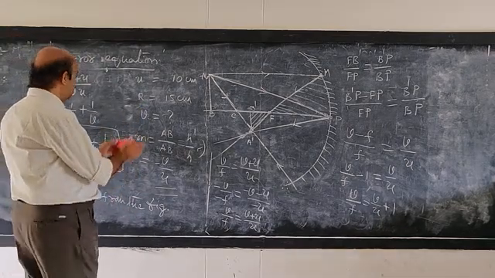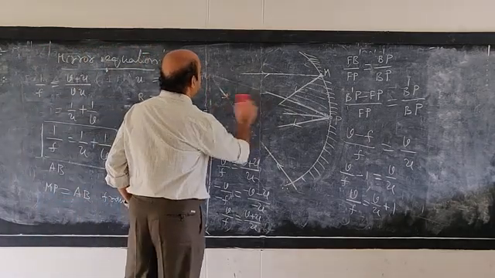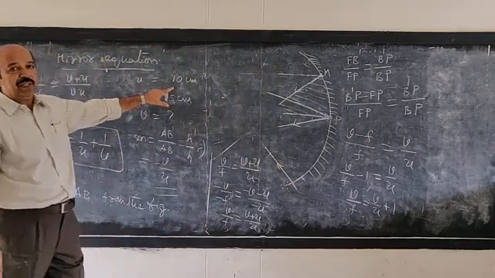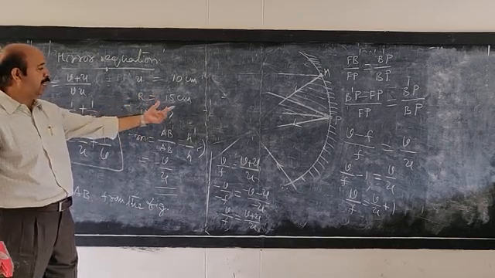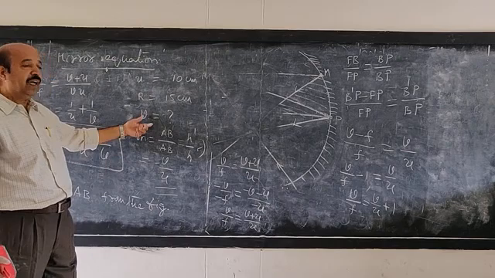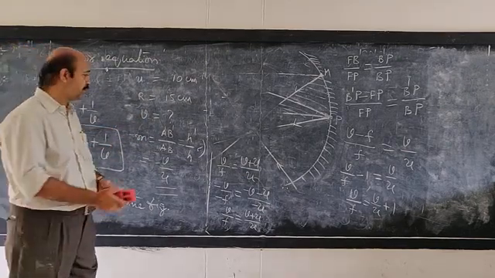Using this, let us try to solve this simple problem. The object is kept at a distance of 10 centimeters from a concave mirror of radius 15 centimeters. Find the image distance and also magnification.